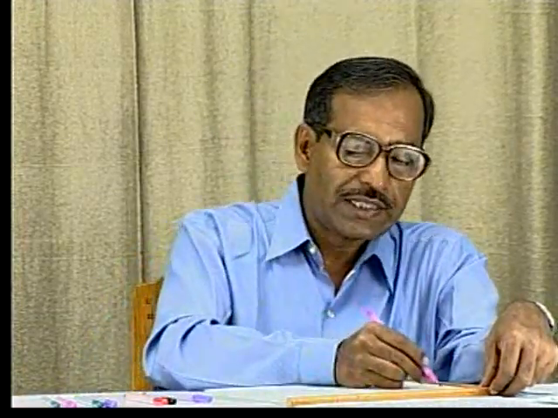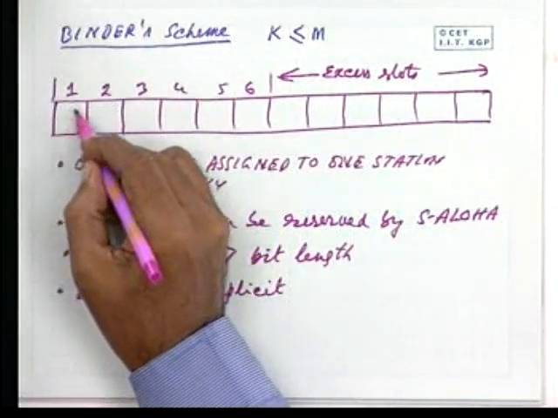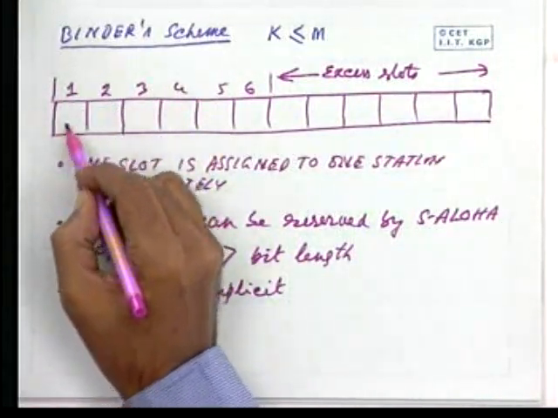Now suppose station 1 has no data to send, so this slot will go empty. So whenever a station has no data to send, the slot explicitly reserved for it will go empty. What the other stations can do, they are constantly monitoring, because all the slots are being monitored by all the stations.